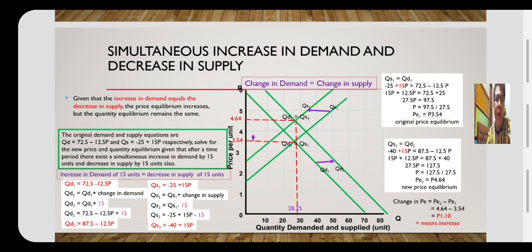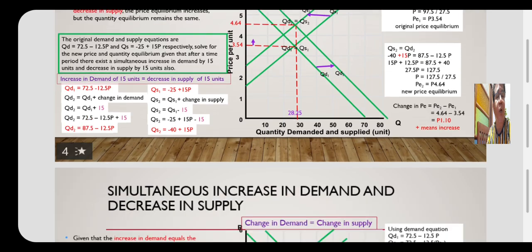So, given the market situation that the increase in demand equals the decrease in supply, the price equilibrium increases, but the quantity equilibrium remains the same. So in the next slide, what is to be shown is the values of original and new quantity equilibrium.